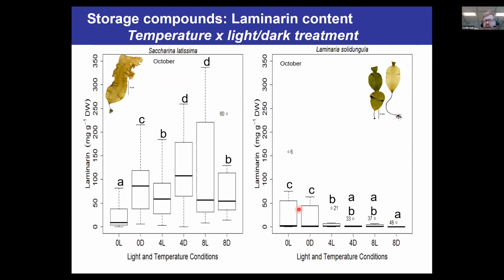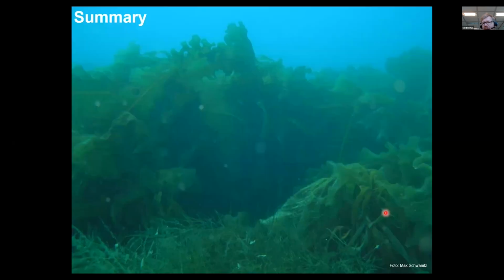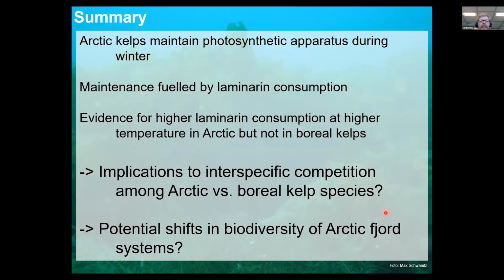And what we found is that with increasing temperatures, indeed, the carbohydrates are consumed faster. And this is, of course, an interesting result to consider what is happening when the winters are becoming constantly milder, warmer. Will, for example, the storage provision last over wintertime?